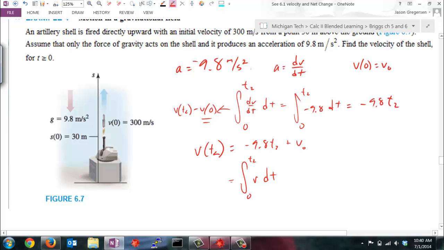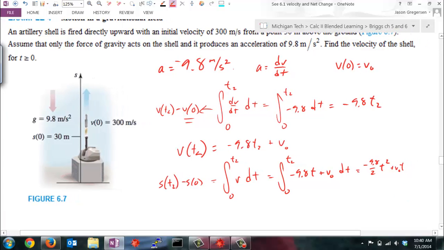On the one hand, I should get the change of position. And on the other hand, I'm just integrating negative 9.8 t plus some v sub naught. But when I do that integration, I'll get negative 9.8 over 2 t squared plus v sub naught t, like that.